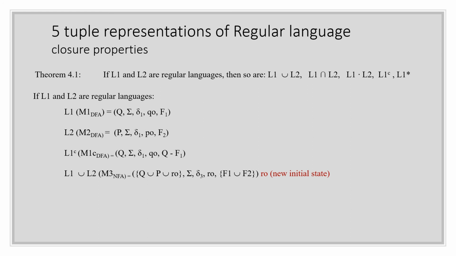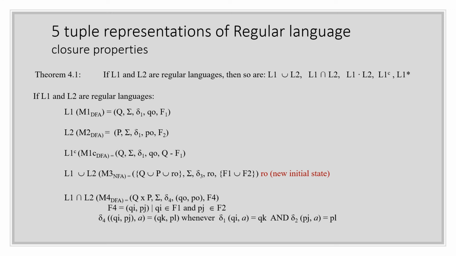You'd have all your transition functions, and your new initial state, R0, would have lambda transitions to your previous initial states, and then your set of final or accepting states would be the union of both of the sets of final states.